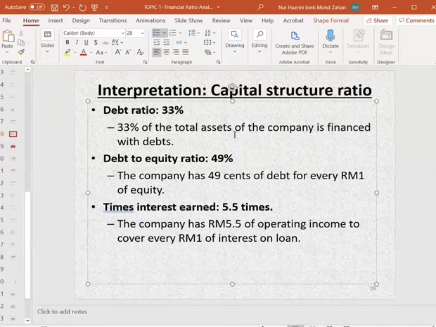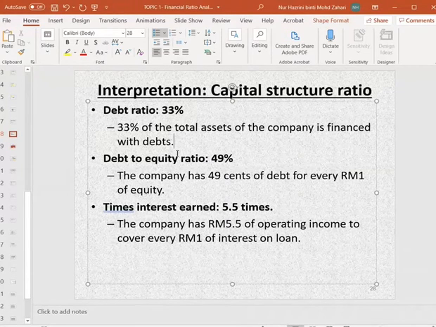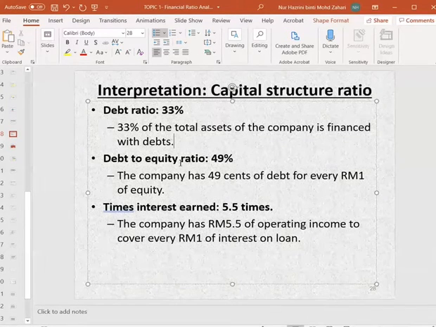It's good, because the company doesn't use much liability to purchase its assets. For the debt ratio, the lower the better. Lower means the company uses less debt to purchase its assets and operate the business.